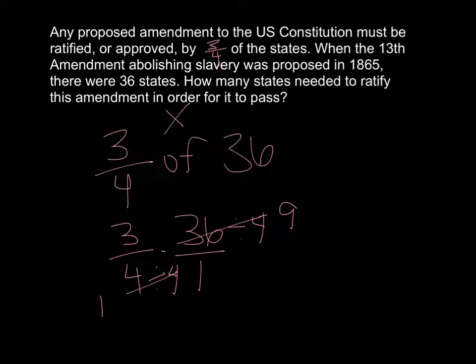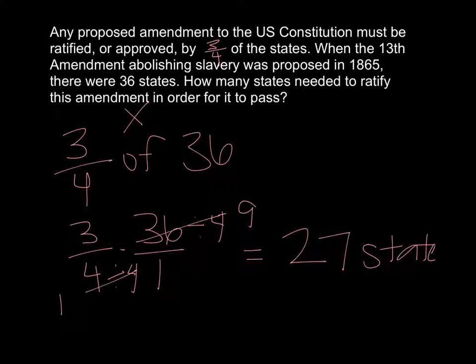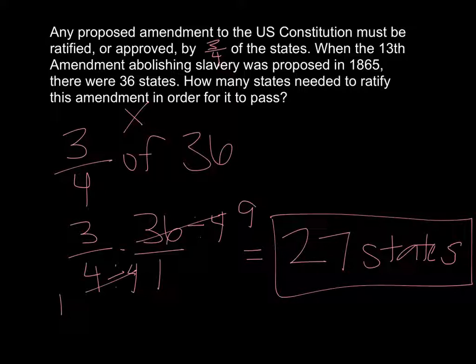Now I'm doing 3 times 9 instead of 36 times 3, which that would be much trickier. So 3 times 9, I already know that is 27. So 27 states, I'm running out of room. 27 states were needed to ratify the amendment.